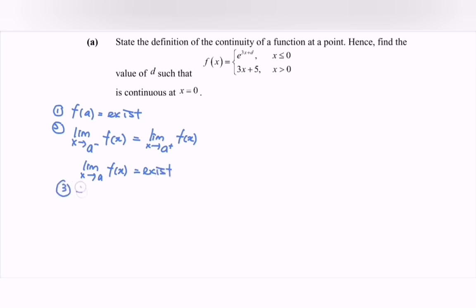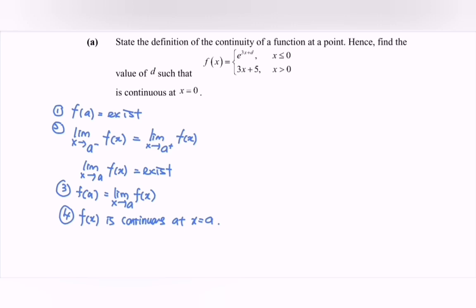Number 3, f(a) is equal to the limit when x approaches a for the function f(x). So the values are the same. Only then can we make the conclusion that f(x) is continuous at x equals a.